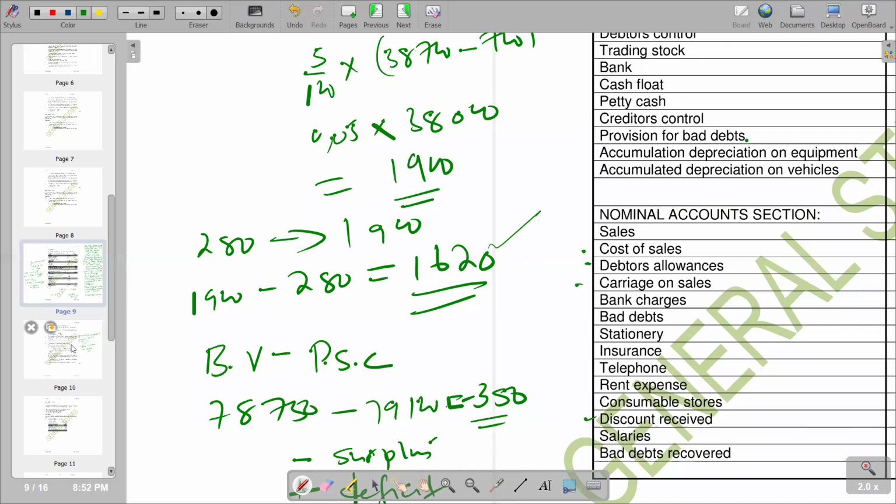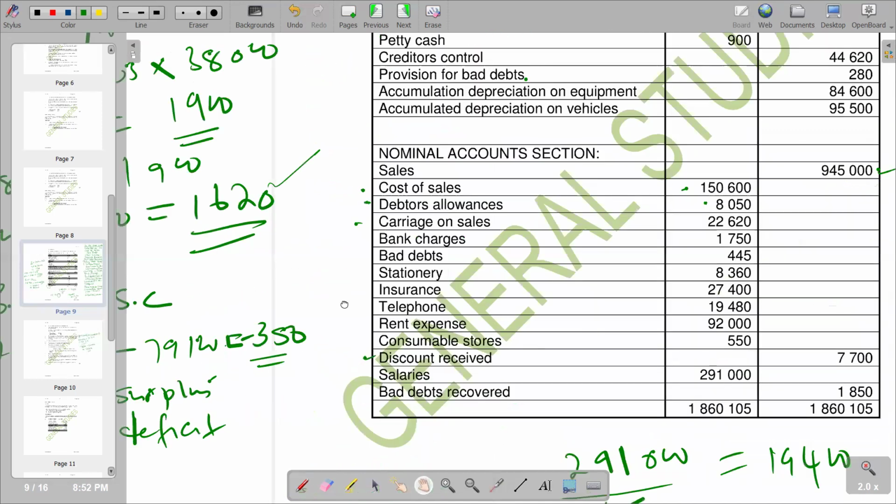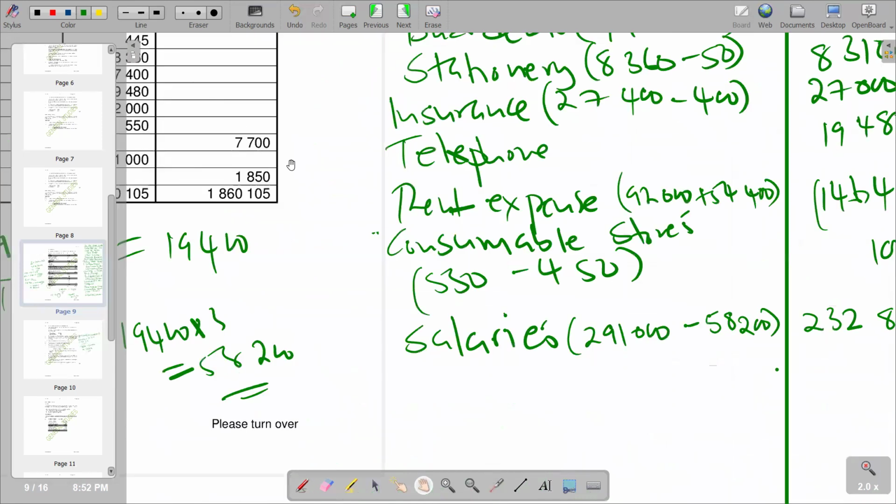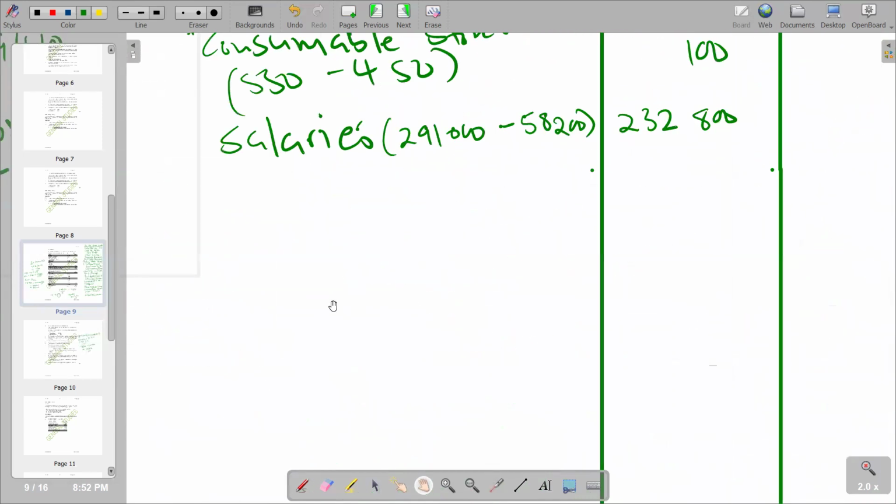So also a provision for bad debt adjustment.